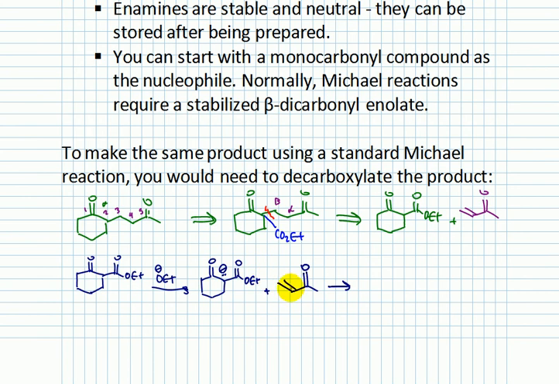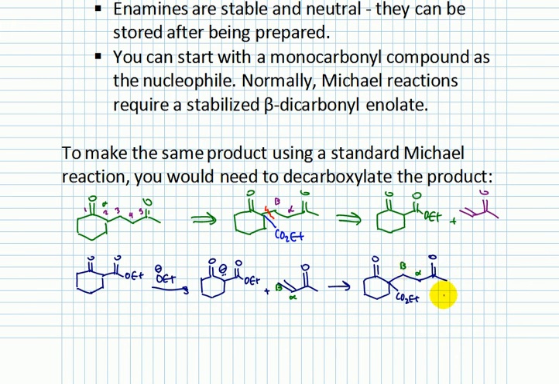Alpha adds there. My ester group there. Right, let's just track our carbons here. Alpha and beta of the enone becomes alpha and beta there to the second carbonyl.